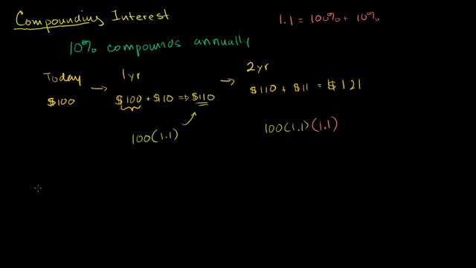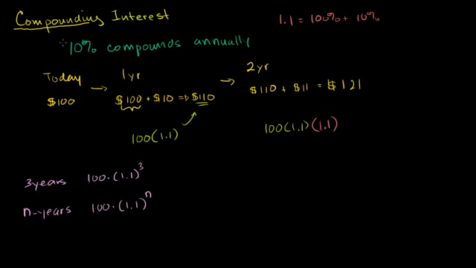It's going to be 100 times 1.1 to the third power. After n years, we're going to have 100 times 1.1 to the nth power. And you can imagine this is not easy to calculate.